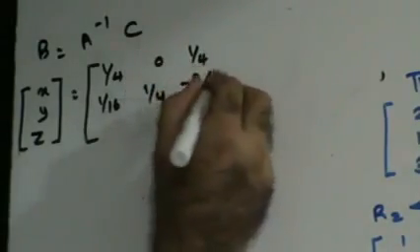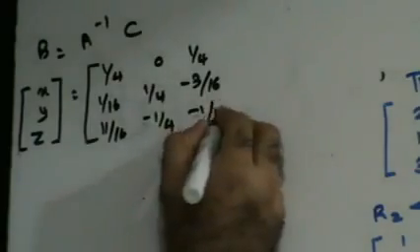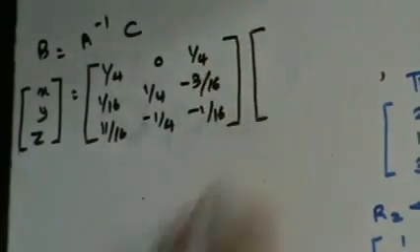You just found out the value of A inverse to be 1 by 4, 0, 1 by 4, 1 by 16, 1 by 4, minus 3 by 16, then 11 by 16, minus 1 by 4, and minus 1 by 16 into C. What was the value of C?